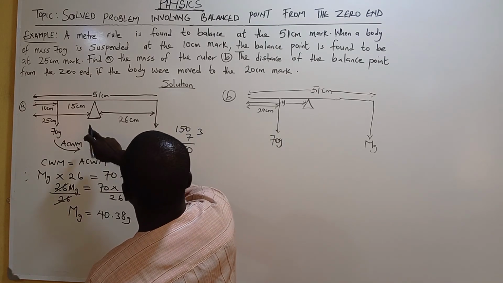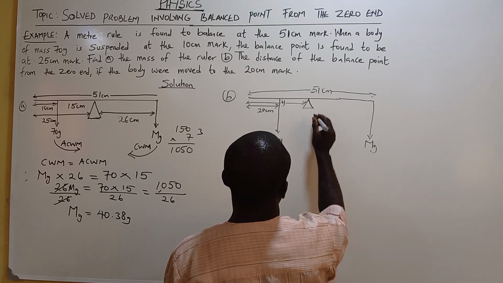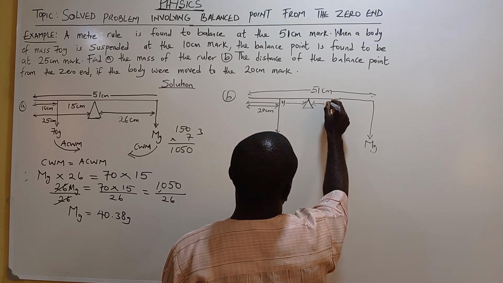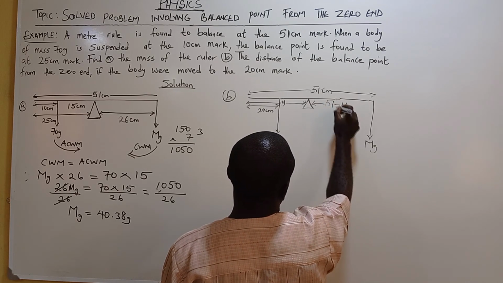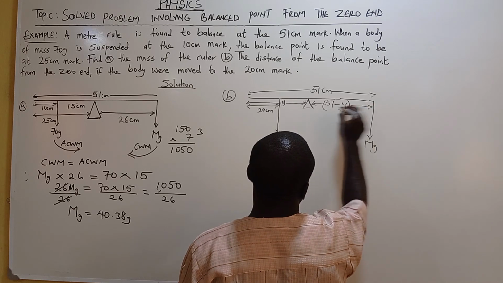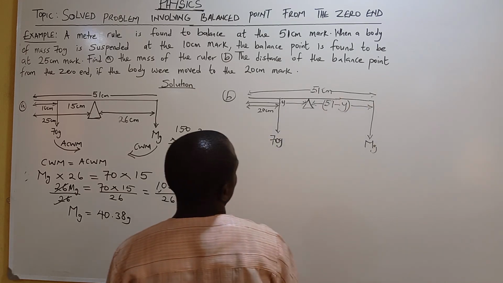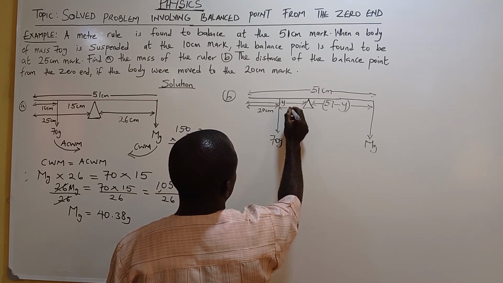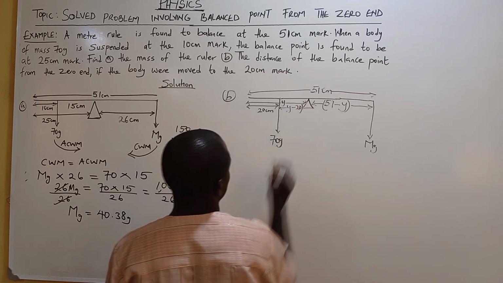We are not considering this 25 again. Now from here to here, you have 51 minus y. From here to here is 51 minus y. Now from here to here you have y minus 20.